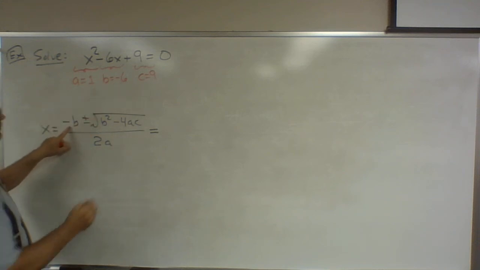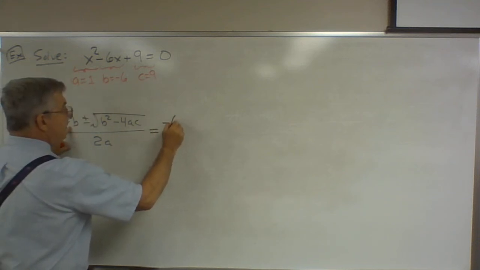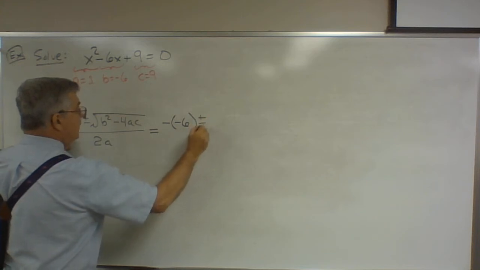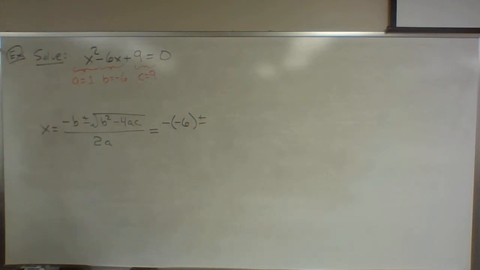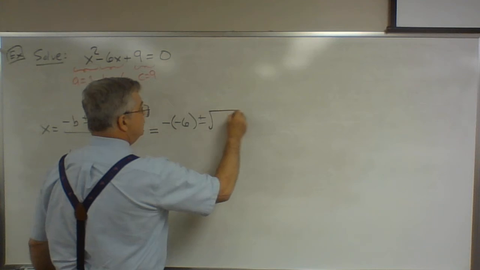-b, b is -6, plus or minus the square root of b squared.